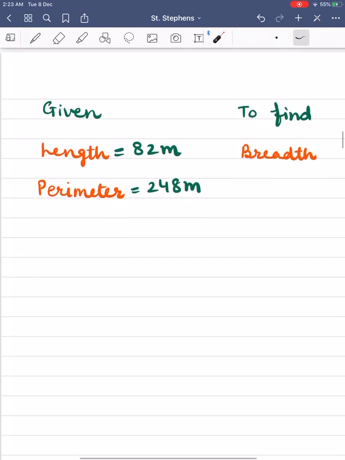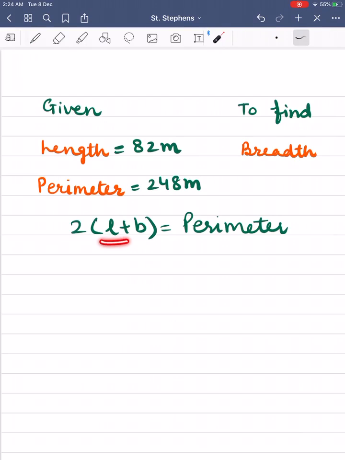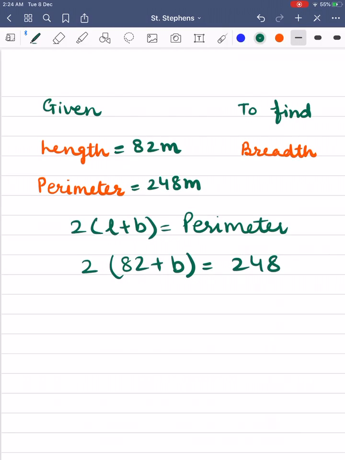Now we know twice of (length plus breadth) is equal to perimeter of a rectangular field. Substitute the value of length and perimeter from the question. So we have twice of (82 plus breadth) we have to find out. So we write B, is equal to 248.